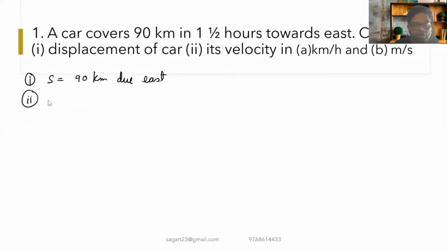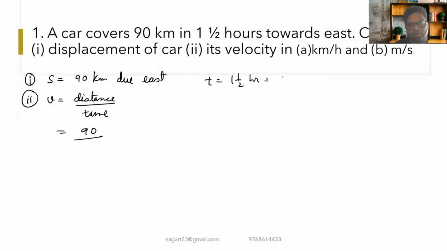Now it wants velocity. So in this case, velocity is distance upon time because there is no acceleration. So we are not using the other formula. Okay, so 90 kilometers in 1.5 hour. Now, when you have time as 1.5 hour, so that will be 3 by 2 hours.